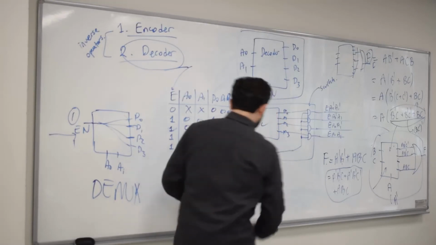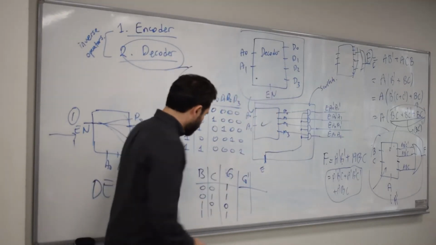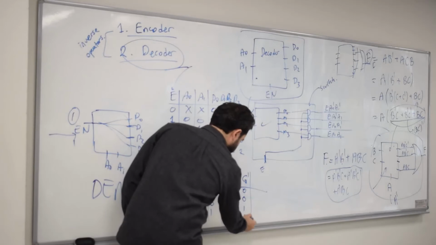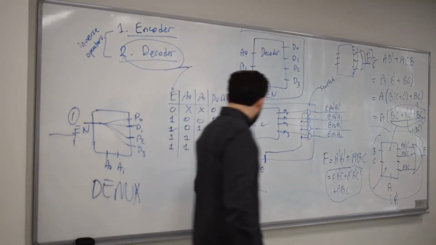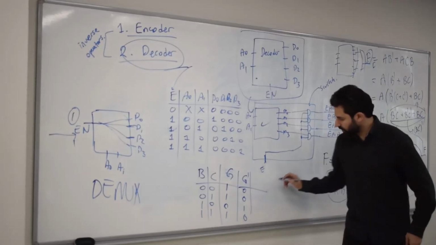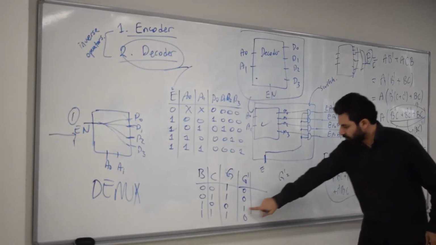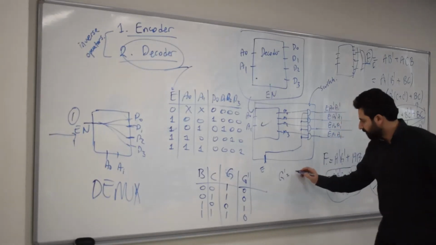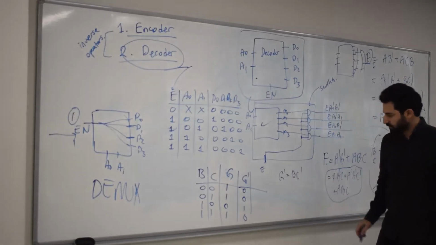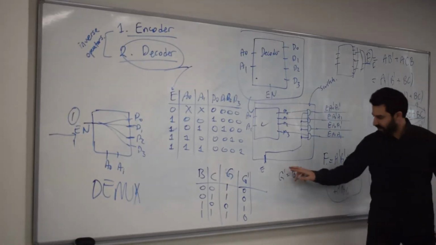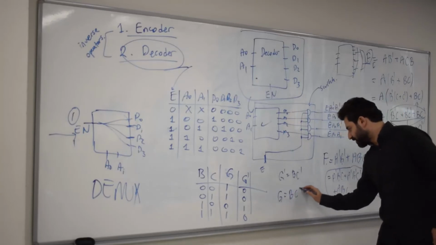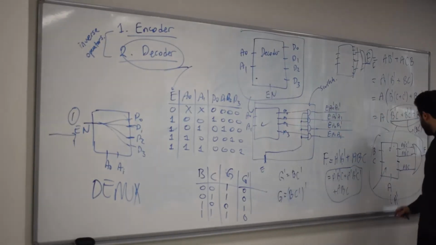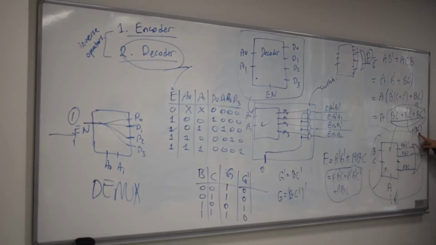If I ask you to fill up the truth table for G prime, you would say 0, 0, 1, 0, right? Yes. It's exactly the flipped version. All right. So if this is G prime, what is G prime in terms of min terms? What is the min term here? BC', right? Yes. So if you take the complement of both sides, G would be equal to (BC')'. It's exactly what I'm saying.